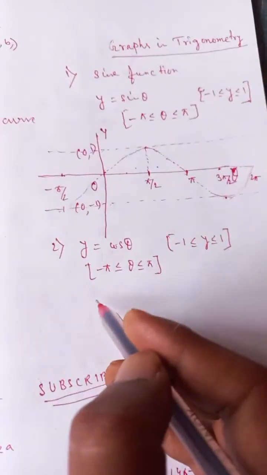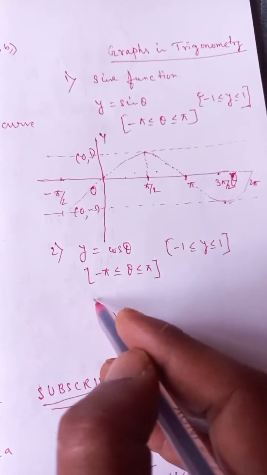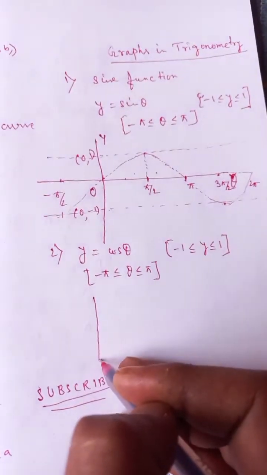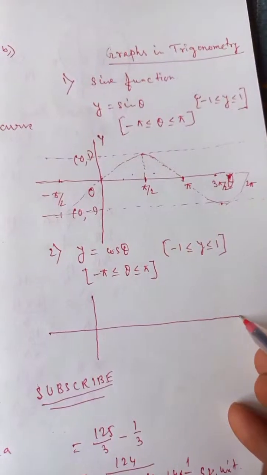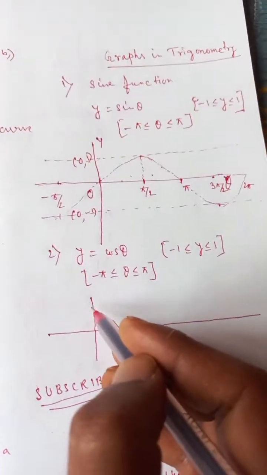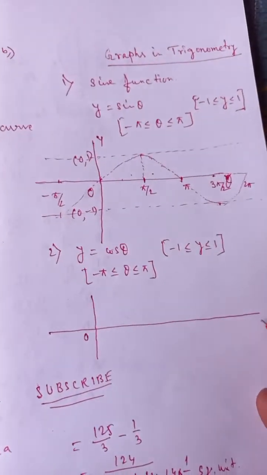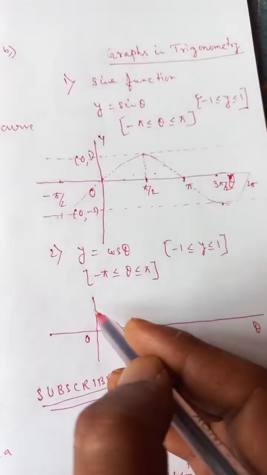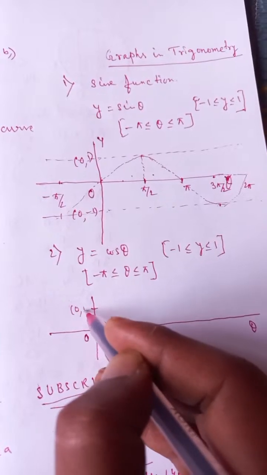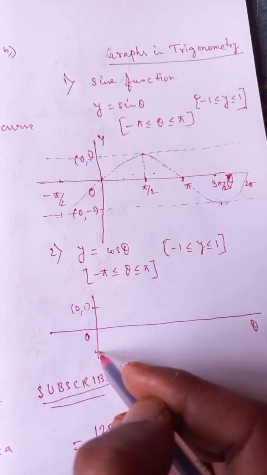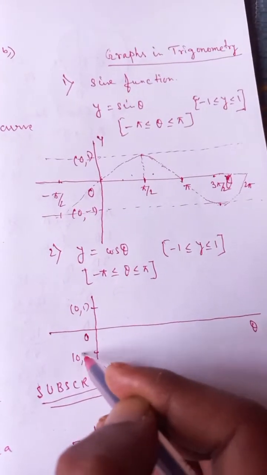So again if we take 0, this is theta, this is 1, 0, this is 0 minus 1.